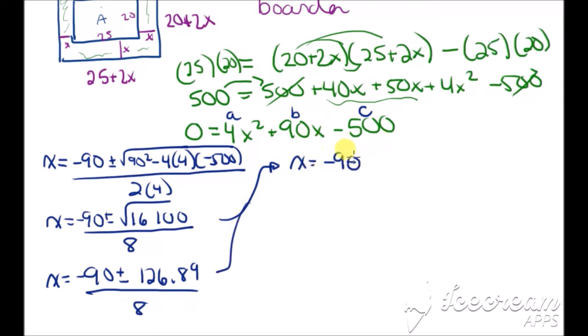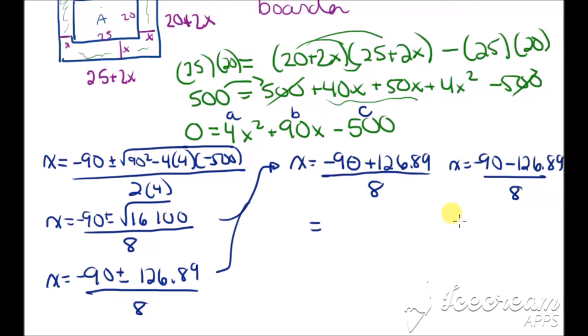Negative 90 plus 126.89 over 8, and then negative 90 minus 126.89 over 8. So when we put that into our calculators, we get 4.6, like 1125, so that's fine, and negative 2.7.